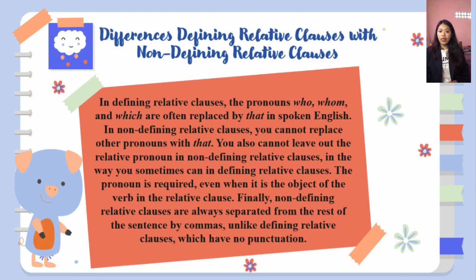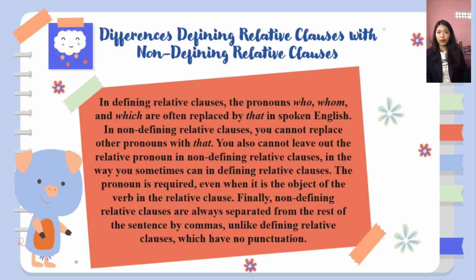Okay, the difference between defining and non-defining relative clauses is that in a defining relative clause the pronouns who, whom, and which are often replaced by that in spoken English, but in a non-defining relative clause you cannot replace other pronouns with that.